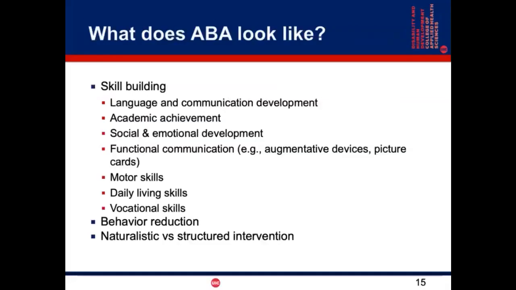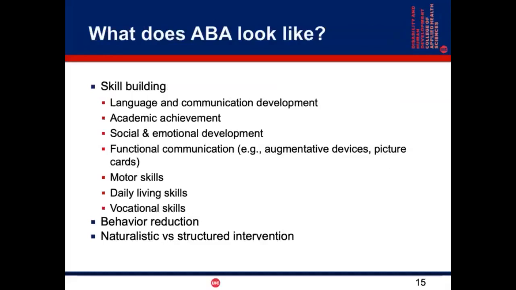So, when it comes to the domain or the content area of persons with disabilities, and oftentimes those individuals with autism, we see that there's a wide range of things that ABA has been effective in helping promote.